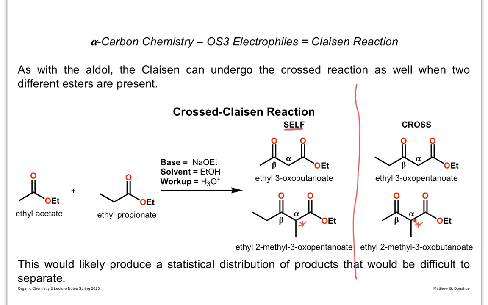So we get a 3-carbon ester here, and then this would be a 2-carbon ester where the original substituent is O-ethyl. So notice how they're both O-ethyl. You have to keep that matched because otherwise you'll get different products in a sense.